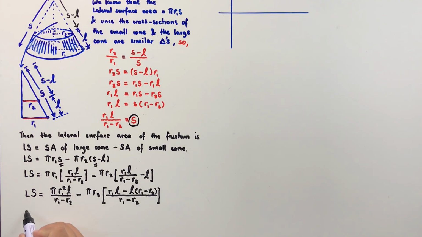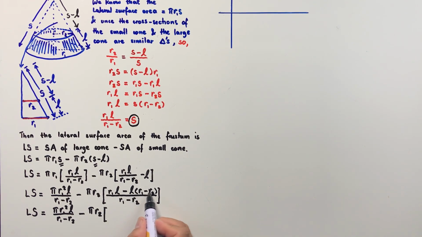And then we can simplify the second term in our formula of the lateral surface area of the frustum by distributing this L to this binomial here. So this becomes r sub 1 L minus r sub 1 L plus r sub 2 L divided by r sub 1 minus r sub 2 there.